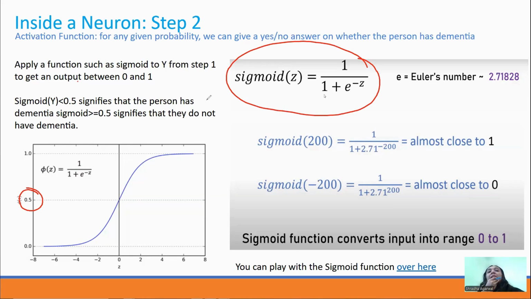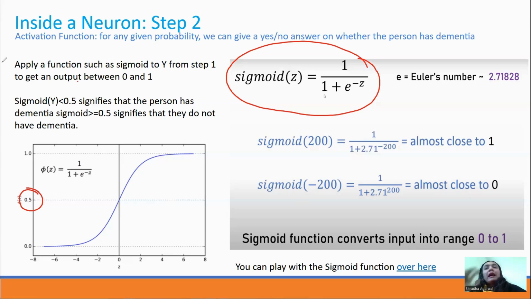And we have various types of sigmoid function. You can go on the slide deck and it will take you to the link where you can actually play. I will talk about this in the next lecture, the 7.2 part of this entire lecture series.